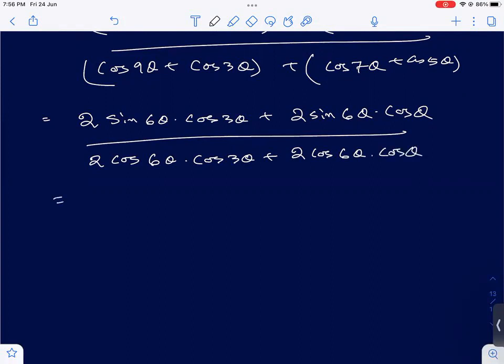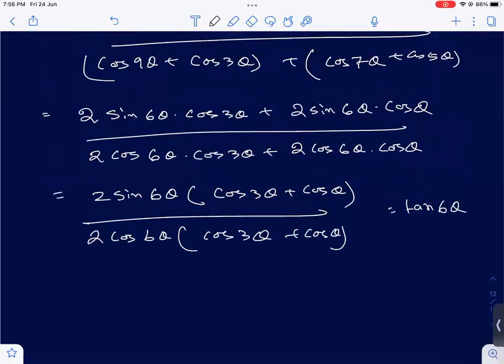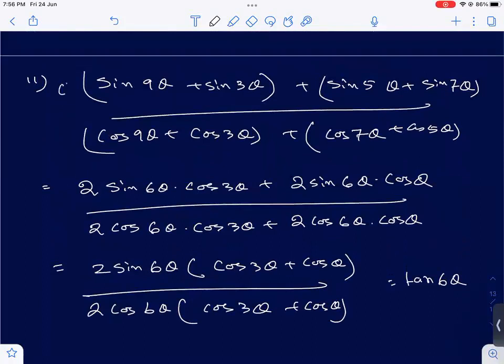If we take 2 cos 6 theta common, we are getting cos 3 theta plus cos theta. Cos 3 theta plus cos theta is equal to tan 6 theta. So the option is C.